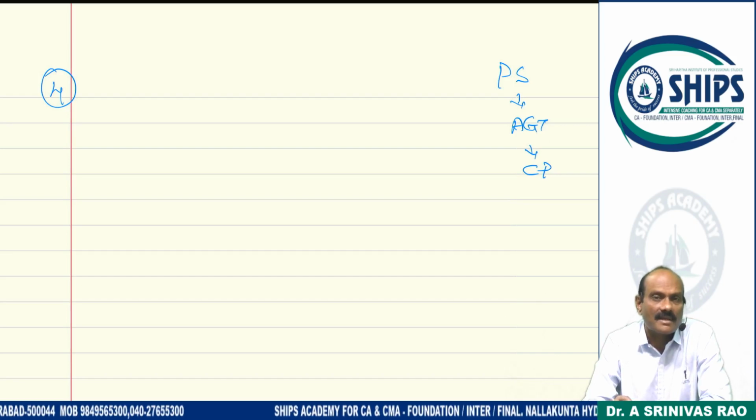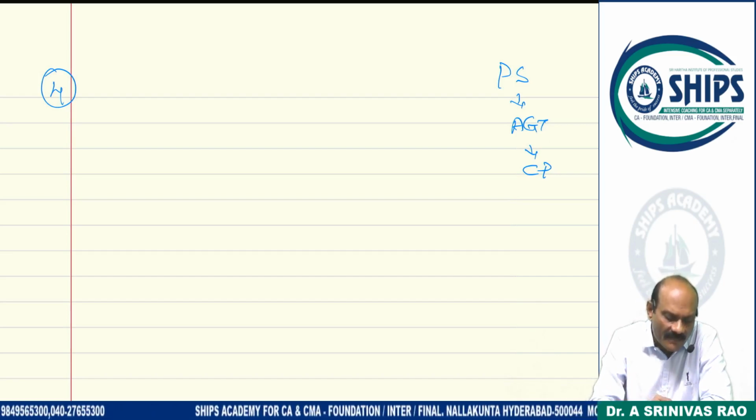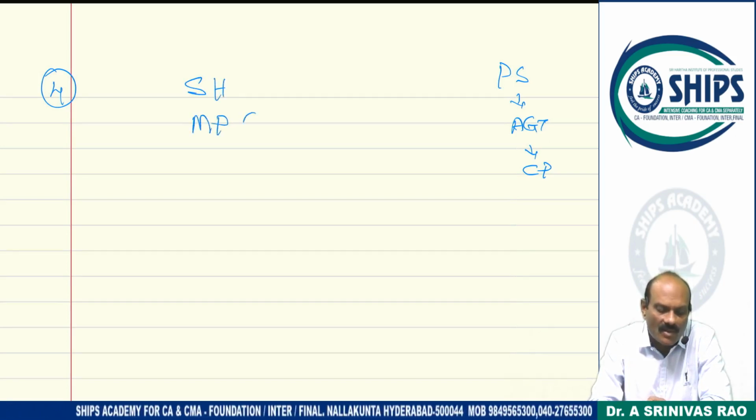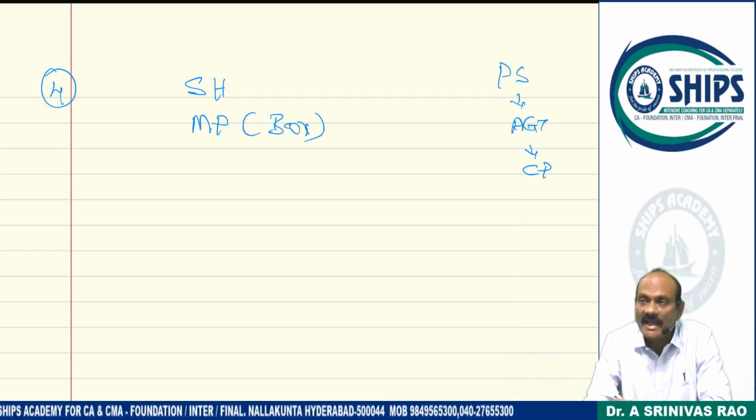Year after year existence. The company's life is neither dependent on the shareholders nor on any managerial persons of the company. Who are the managerial persons? Board of directors. Directors may come and go, shareholders may come and go, but a company goes on for an indefinite period of time.